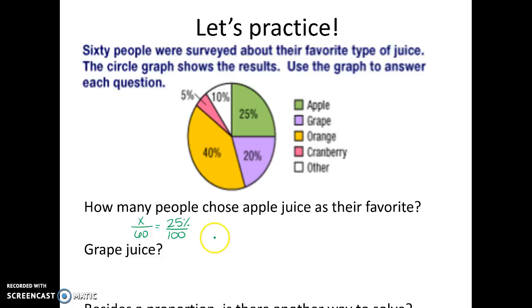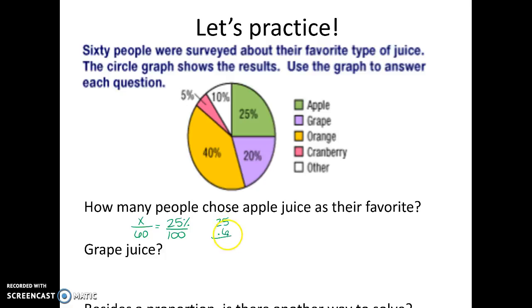So 25% of 60. You could also do 60 times 0.25, and I'm actually going to rearrange it and put my 0.25 on the top, times 60.